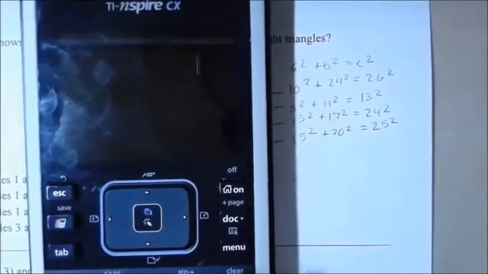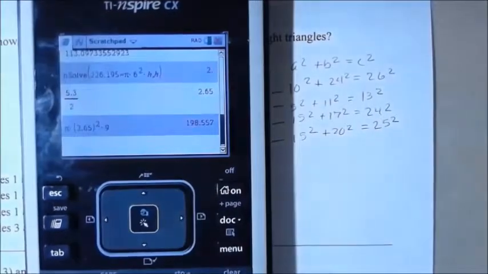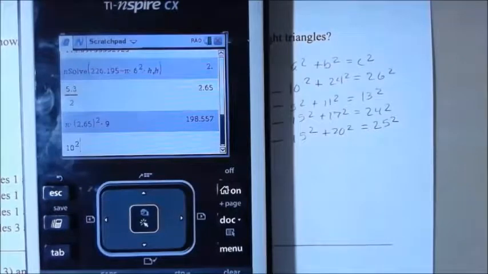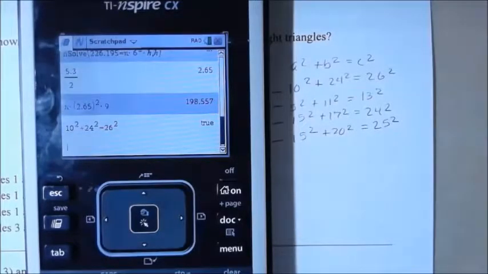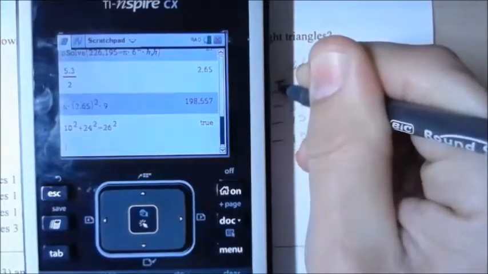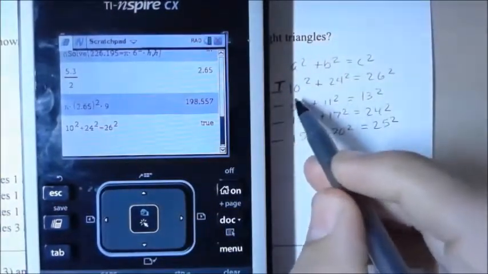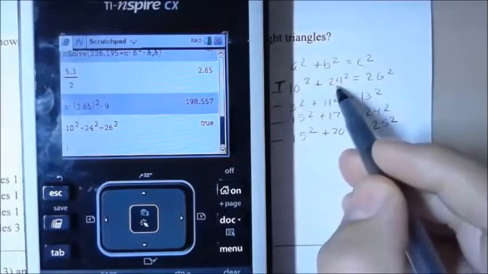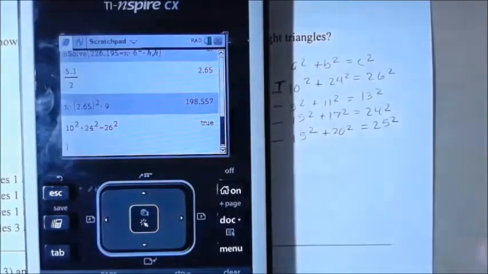So let's go ahead and put in the first one real quick. 10 squared plus 24 squared is equal to 26 squared. And it says that's true. So this first triangle is going to be true. Triangle 1 is a right triangle because 10 squared plus 24 squared is equal to 26 squared.